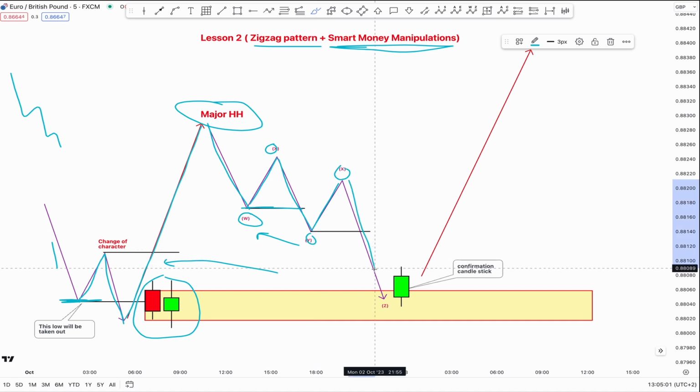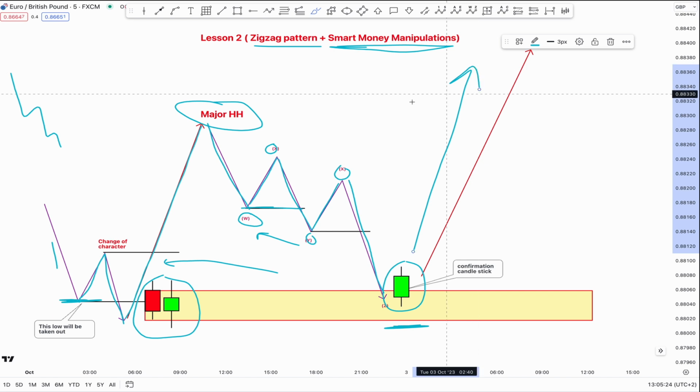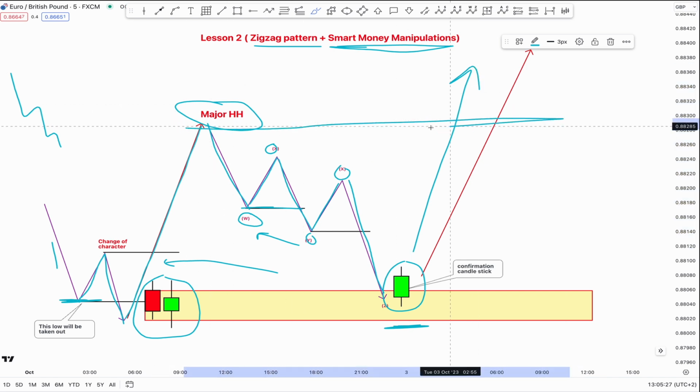And then when the market starts to shoot lower, you will wait for the market to make a bullish candle here. This will be your confirmation candle. So to enter the market in this area, you wait for this candle to close, you enter the market, put your stop loss below, and wait for the market to shoot to the upside, targeting this previous high here.